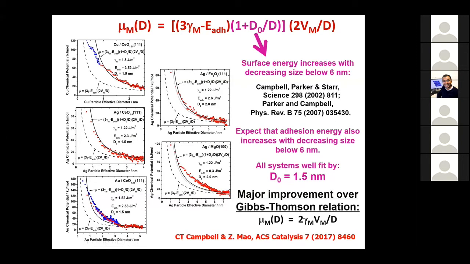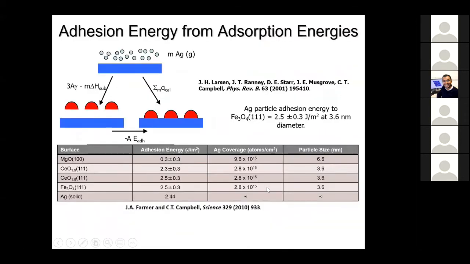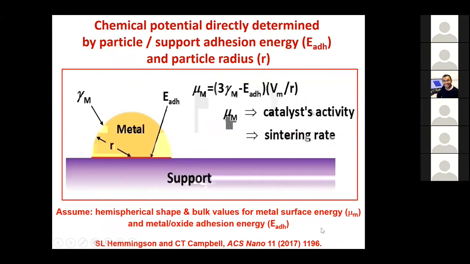And I'm not going to go through all the, in some cases, quantitative equations that explain the importance of knowing this chemical potential versus particle size in catalytic performance, but we have summarized those in this paper published here, where we came up with this empirical correction factor to the equation that had been derived in this earlier paper.